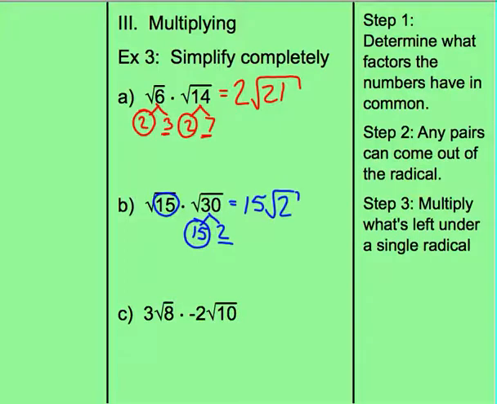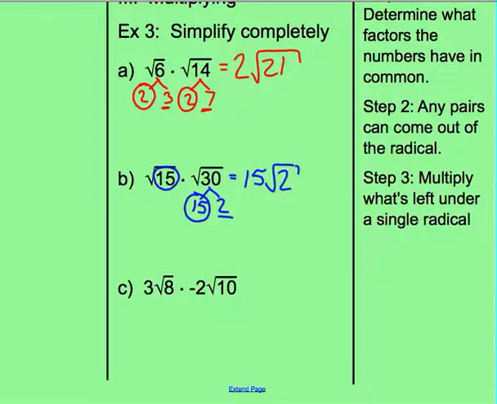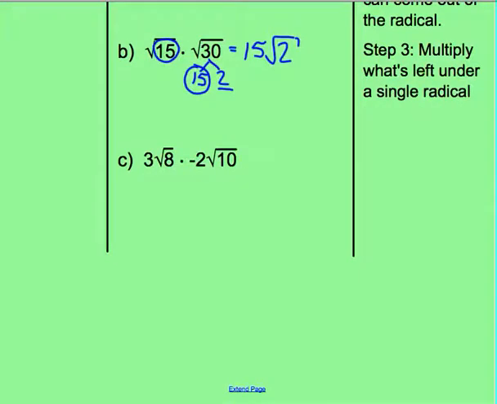All right, on part C, we've got some coefficients to our radicals, so here's how that works. Those numbers just stay outside the radical, and the rest of the process is the same. So I'm going to do my factor tree for 8 and 10. Now I have a pair of 2's here, but I have another pair of 2's, one on each tree.